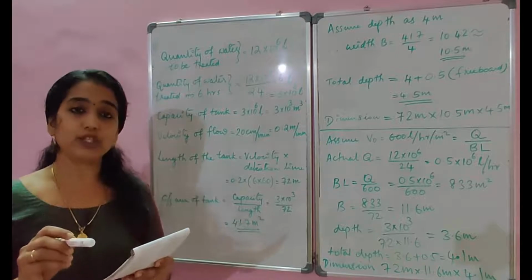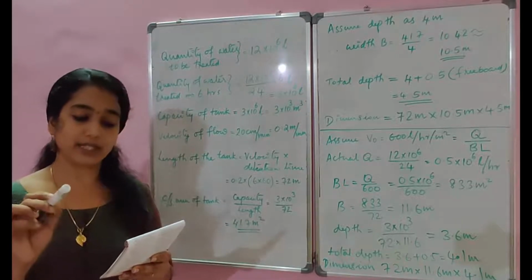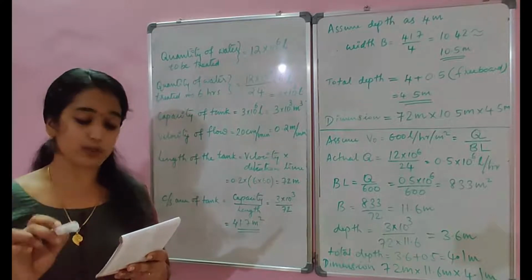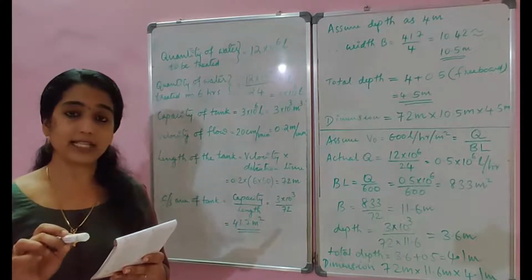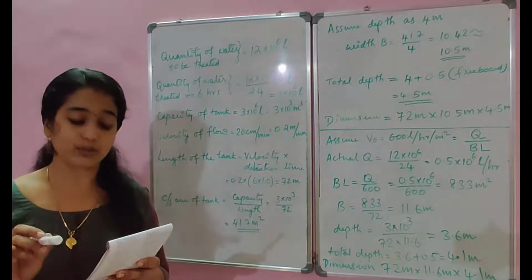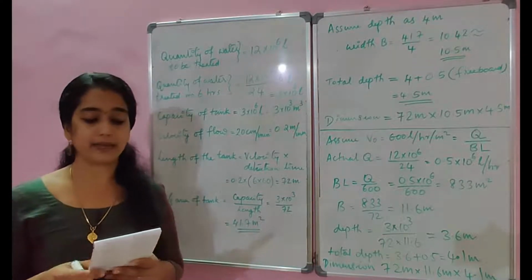Design the dimensions of a suitable sedimentation tank fitted with mechanical sludge removal for raw supplies, assuming a detention period of 6 hours and a velocity of flow as 20 cm per minute.